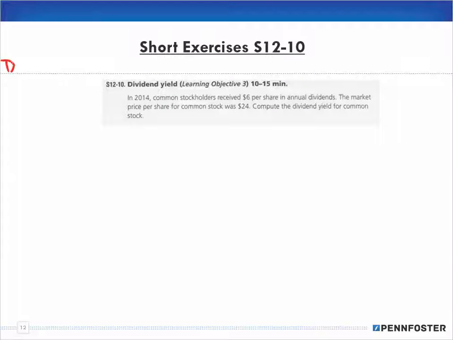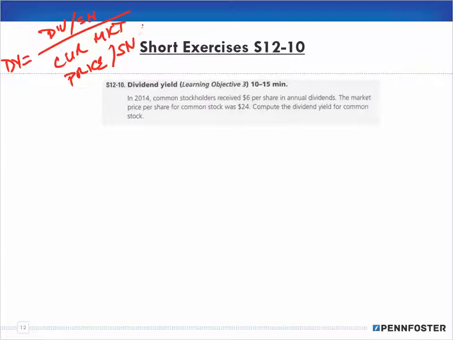The dividend yield is equal to the dividends per share over the current market price per share of stock. So that's the formula.